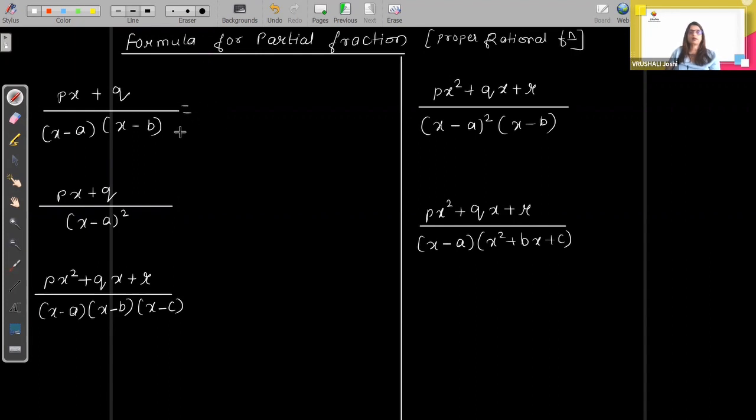अच्छा, अब we will start writing. ये दो brackets है, correct? So this simply will be a by x minus a plus b by x minus b, correct? Okay, this will be what? देखो दोनों भी same है, so this will be a by x minus a plus b by x minus a the whole square, correct?